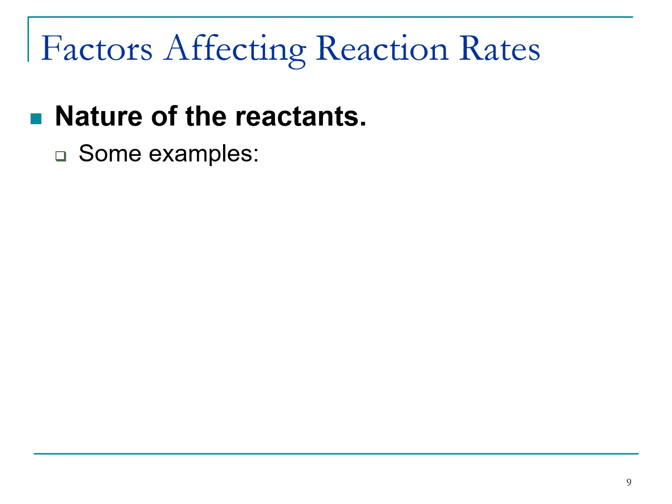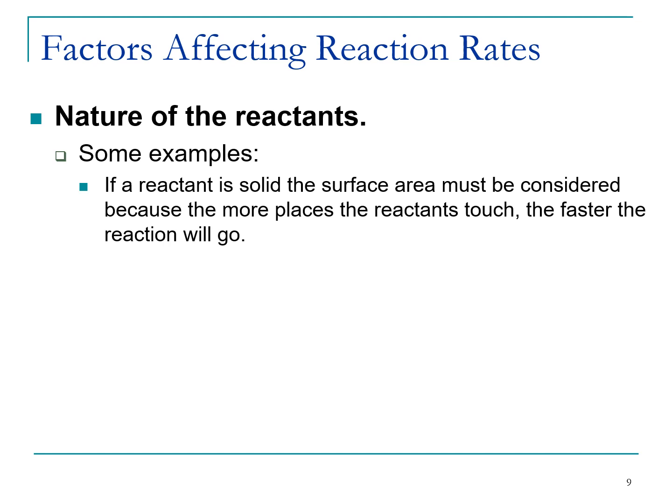All right, and then like I said, nature of reactants is important. For example, if you're reacting a solid and something else, the surface area must be considered. The more places that the two reactants touch, the more likely the reaction will go faster. If you've got a thin wire as opposed to a thick piece of metal, it may make a difference.